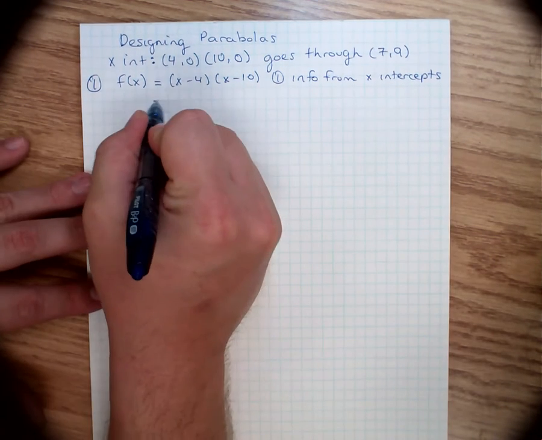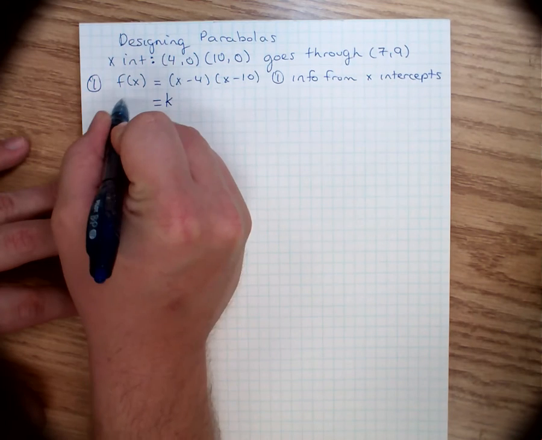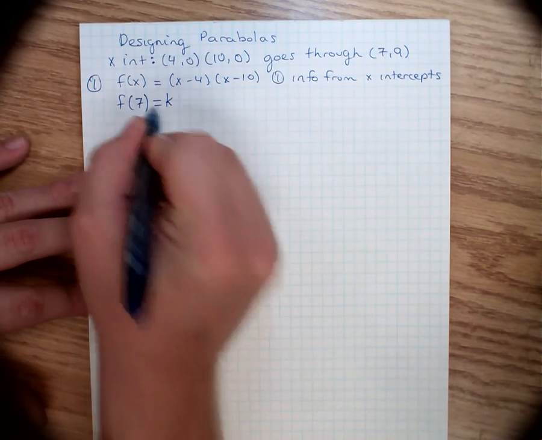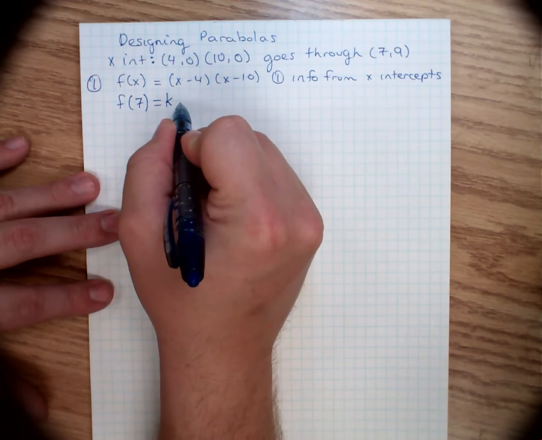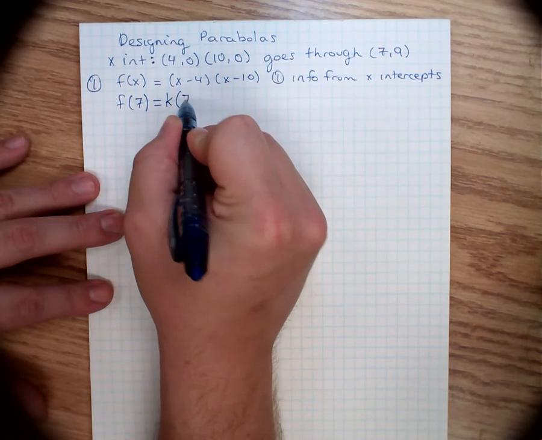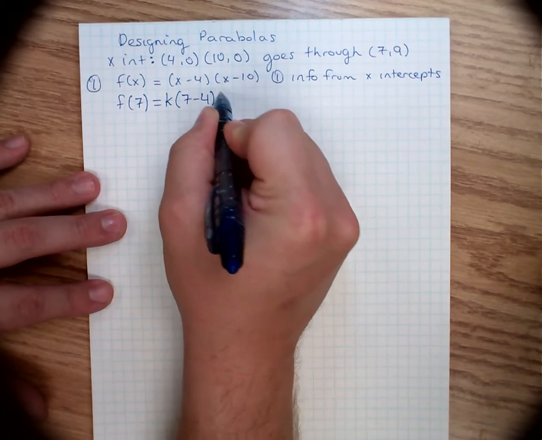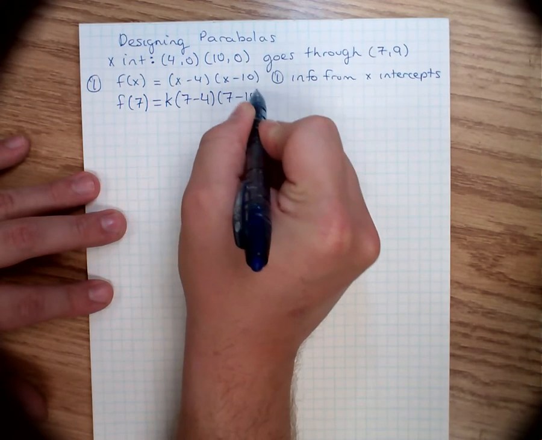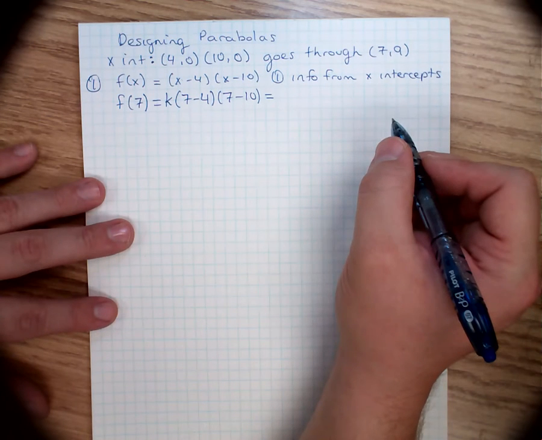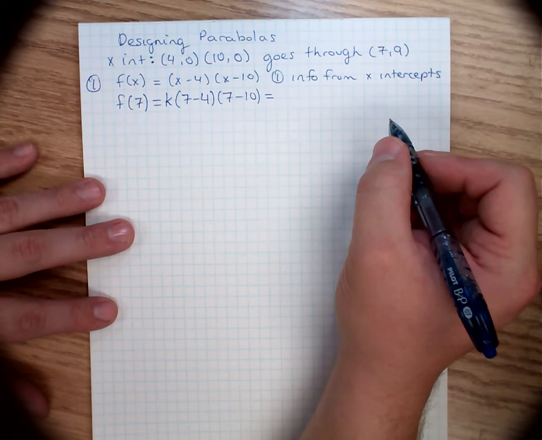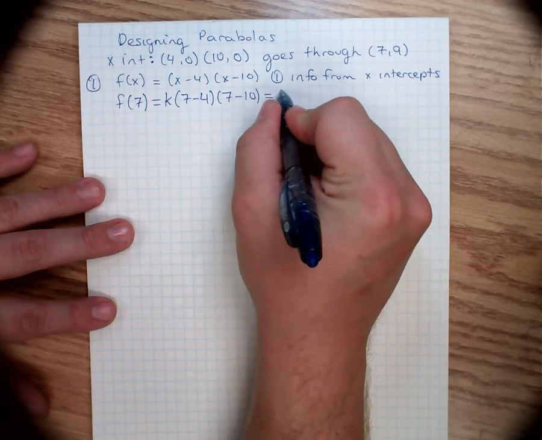Okay, so we do put k in front, and I plug 7 in for x here. Okay, so I have 7 minus 4 and 7 minus 10. And what's this going to end up equaling? It's going to end up equaling 9.